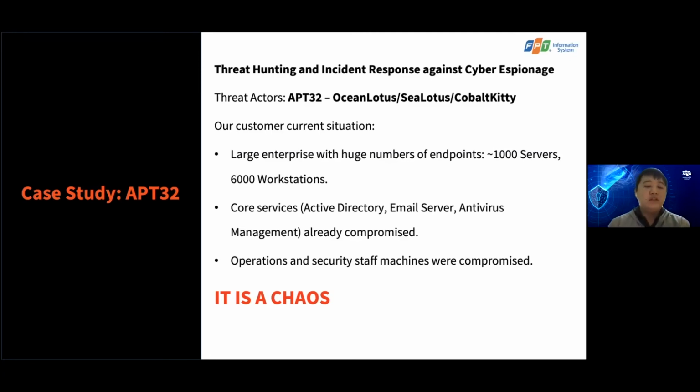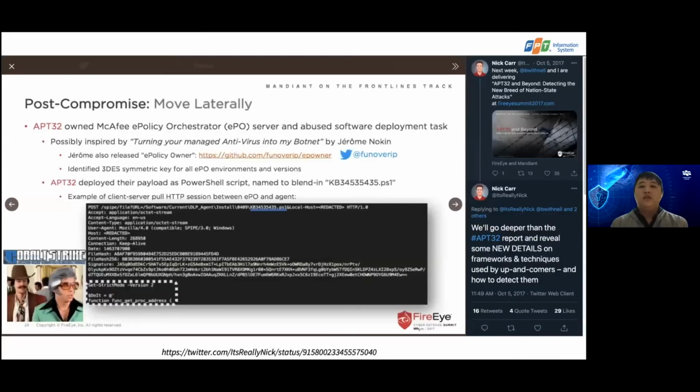So how can the MITRE ATT&CK Framework help our team in this situation? Before talking about how we leveraged it, I want to say thank you to MITRE, and thank you to Nick. He tracks APT32 very closely, and in one of his tweets, I found that APT32 had in the past leveraged the McAfee orchestrator to deliver and abuse malware.